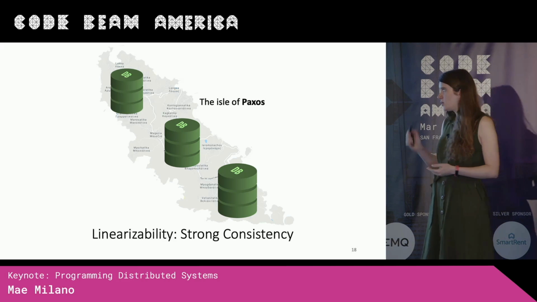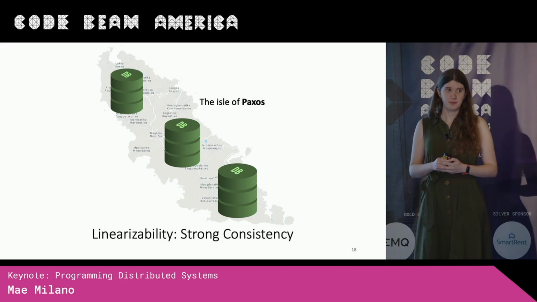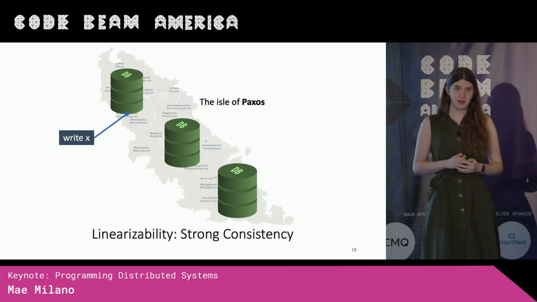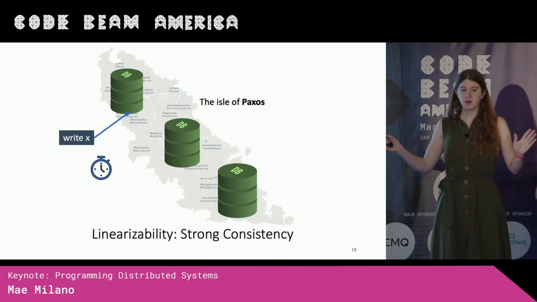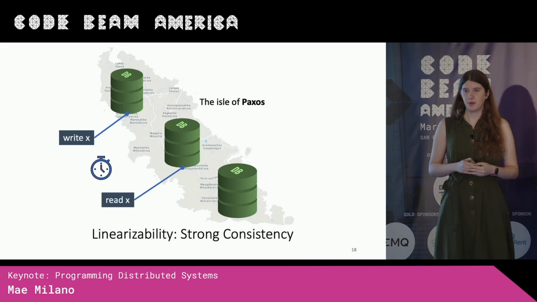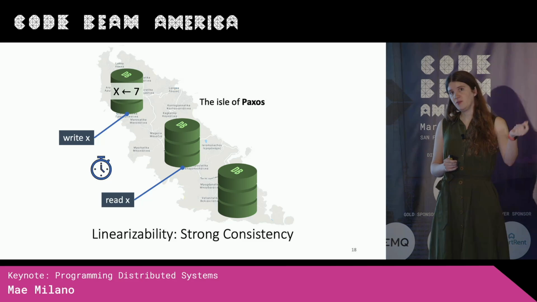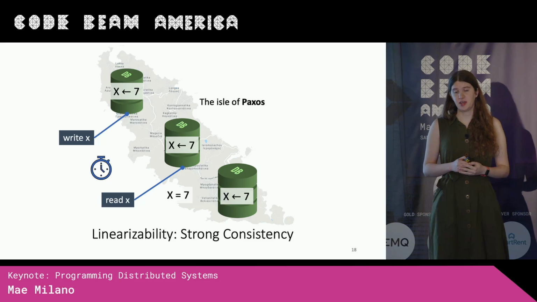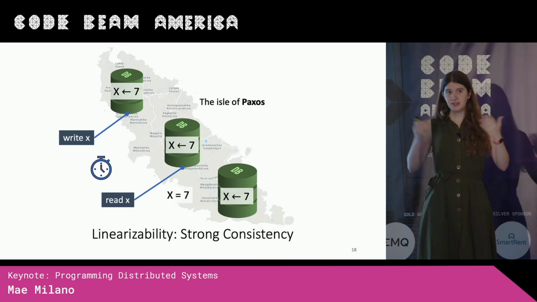Like I said, the strongest model we'll talk about today is linearizability. Linearizability says that if I perform a write at any replica, then I wait any amount of time and perform a read at any replica, I'm guaranteed that the effects of my write have propagated to all replicas before my read is allowed to execute. It's basically the gold standard.